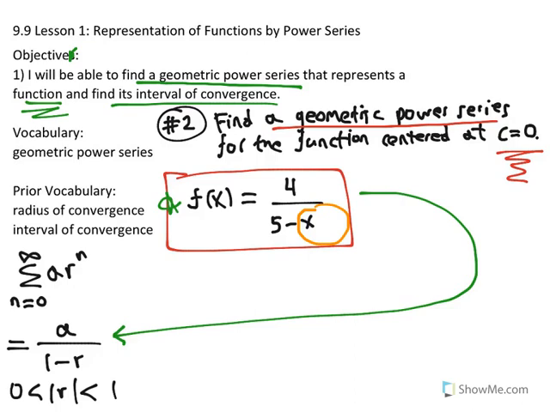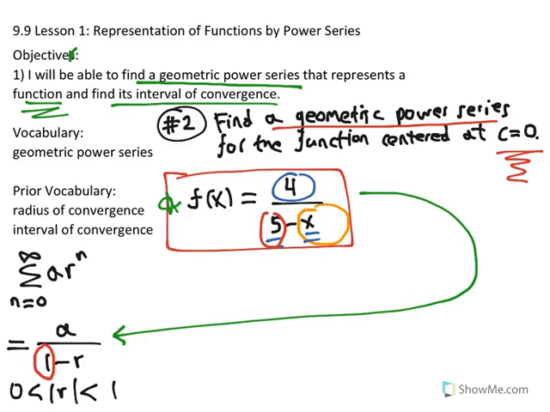You can see that the numerator is 4 and the denominator is 5 minus x. So it closely resembles a over 1 minus r. There's one difference. In the sum of a convergent geometric series, the denominator is 1 minus r, but here we have 5 minus x.